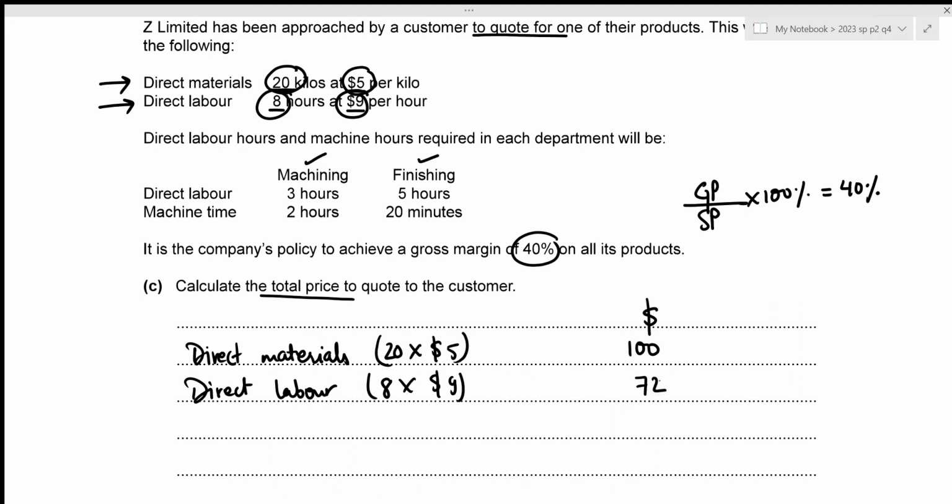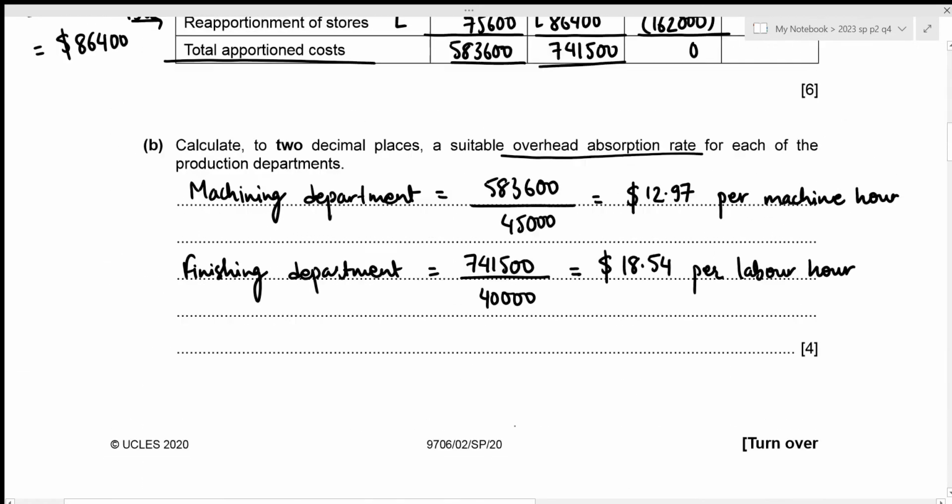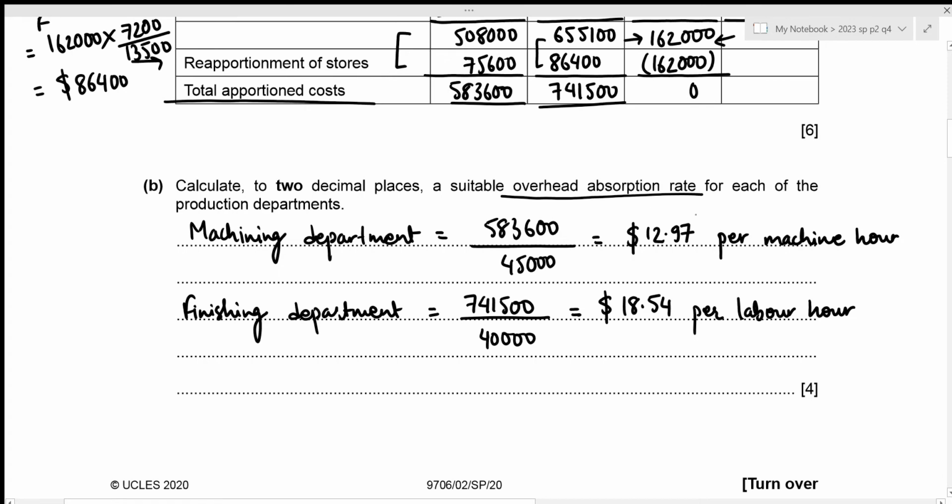Now we also need to add in our overheads for machining as well as finishing department. So let's start with machining department overhead. And we will be utilizing the overhead absorption rate that we figured out above. We can see that for machining department, our overhead absorption rate was 12.97 per machine hour.